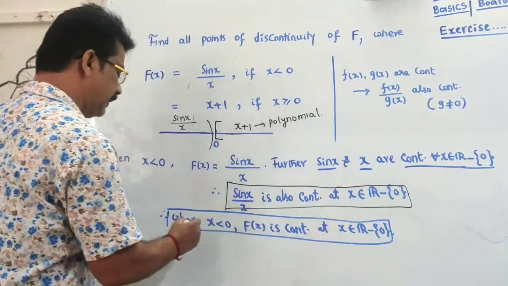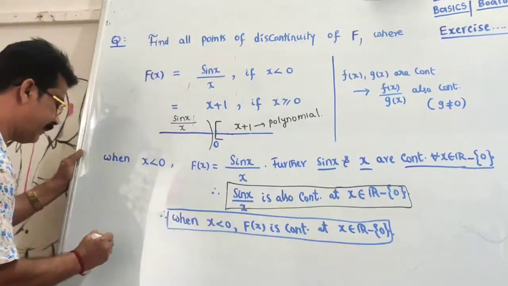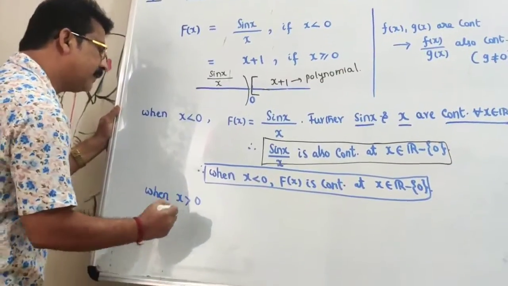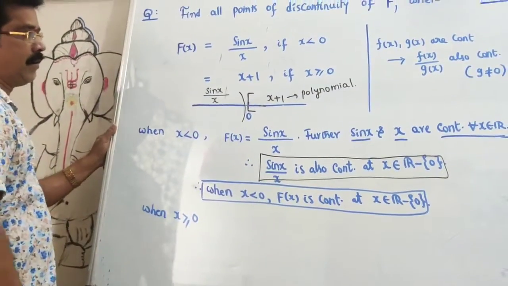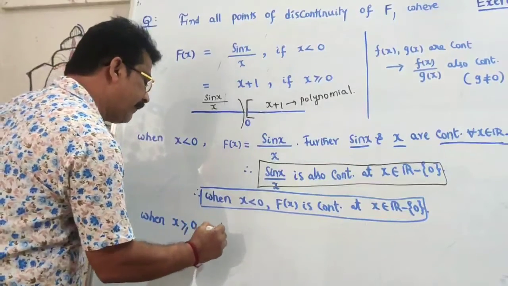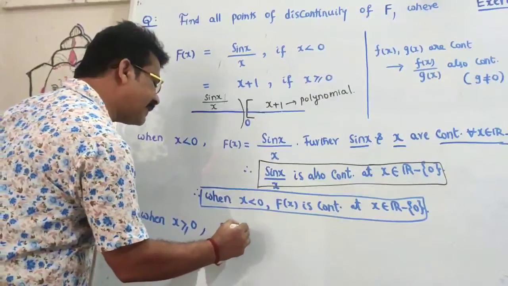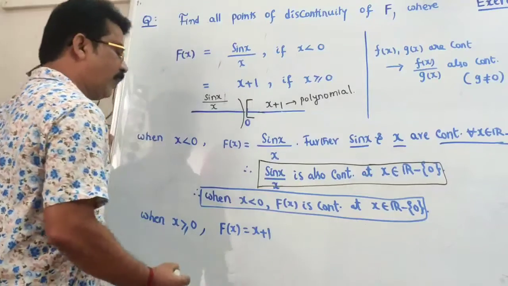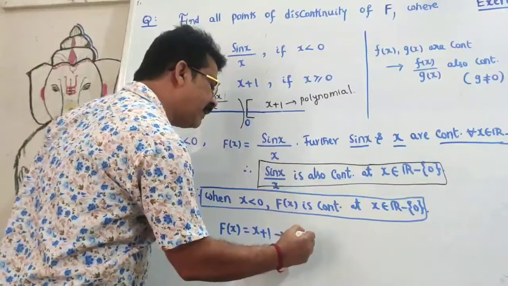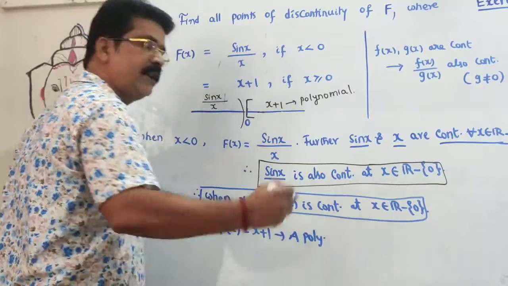Remember, next when x greater than or equal to 0, f of x is defined as x plus 1. It is a polynomial.